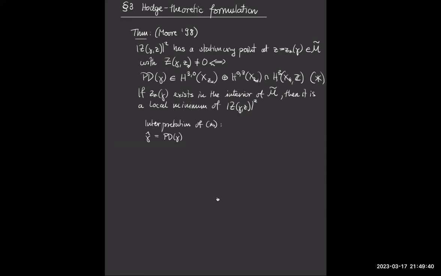Actually, do I need that? No, not really. I would have needed it for the proof. So the interpretation of equation star. So we only need to look at what this here means. What does this really mean?